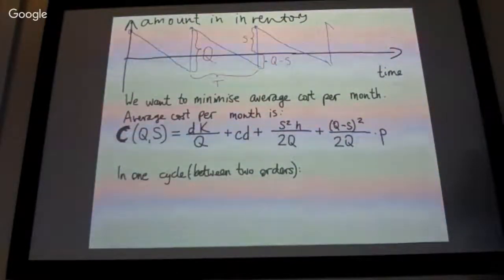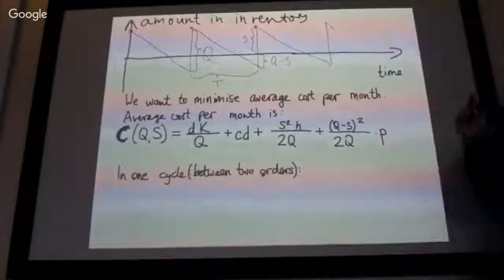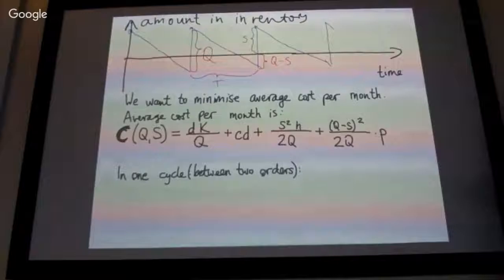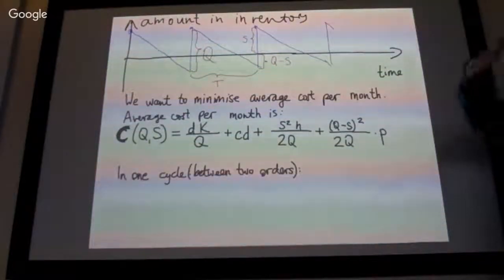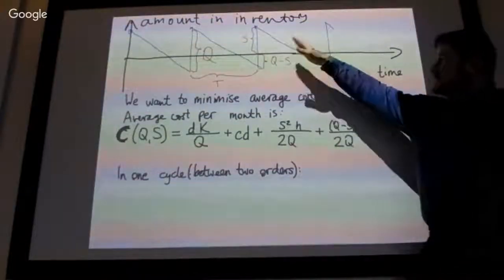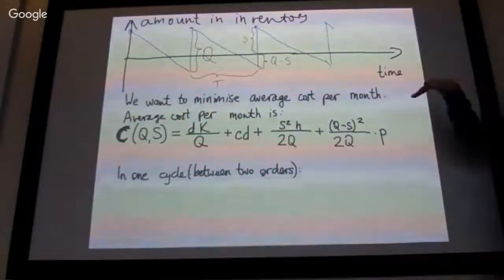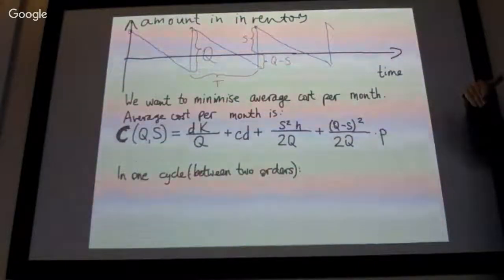No, when we did it first, before we had any S, we said that the average amount in inventory is Q over 2.